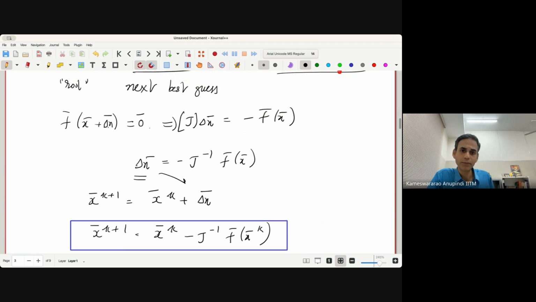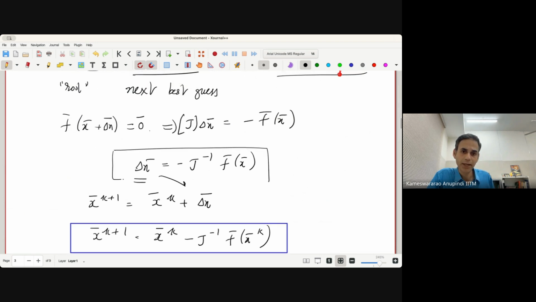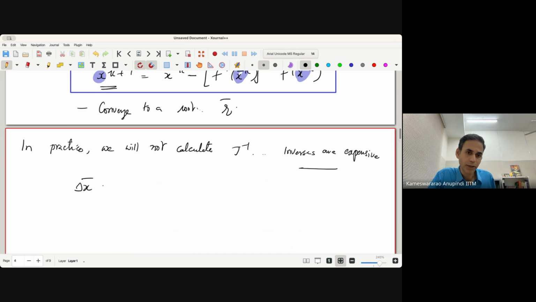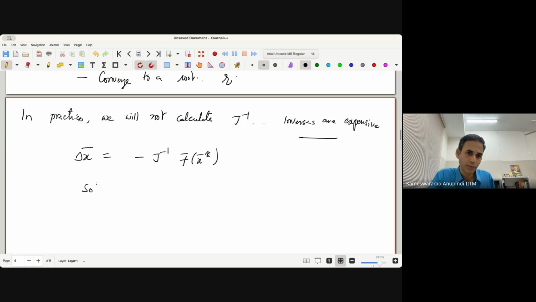Instead of calculating delta x bar equals minus J inverse f bar of x bar k, we are going to move J to the left hand side.